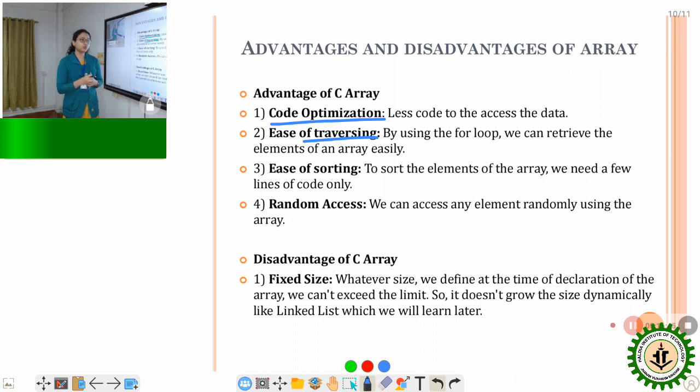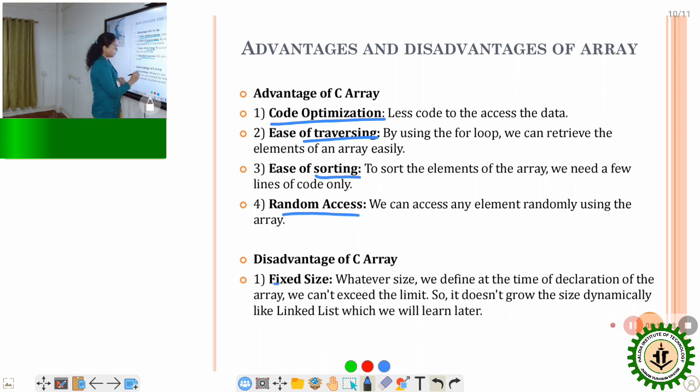Here we use a loop, so the traversal of the array is very minimal, and for sorting we use arrays because sorting all the elements with an array takes a minimal number of lines of code, and we use arrays because of random access to each element.